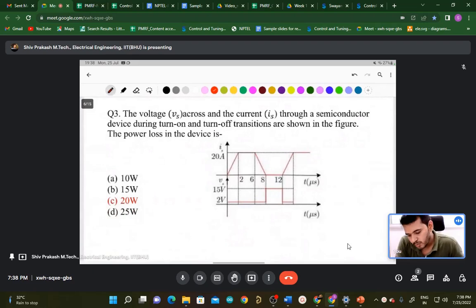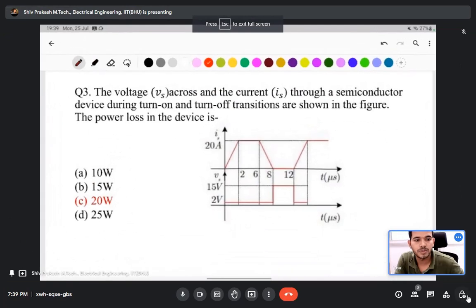The third question: the voltage across the switch and the current through the semiconductor switch are given. This is the current waveform, and this is the voltage waveform.